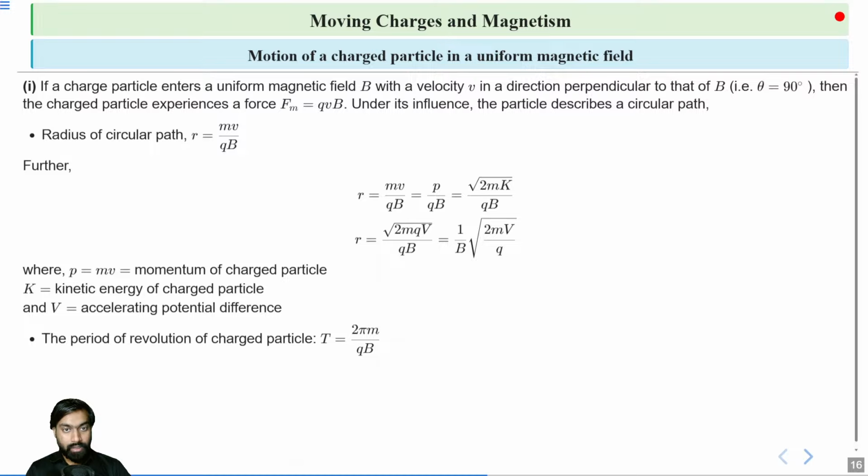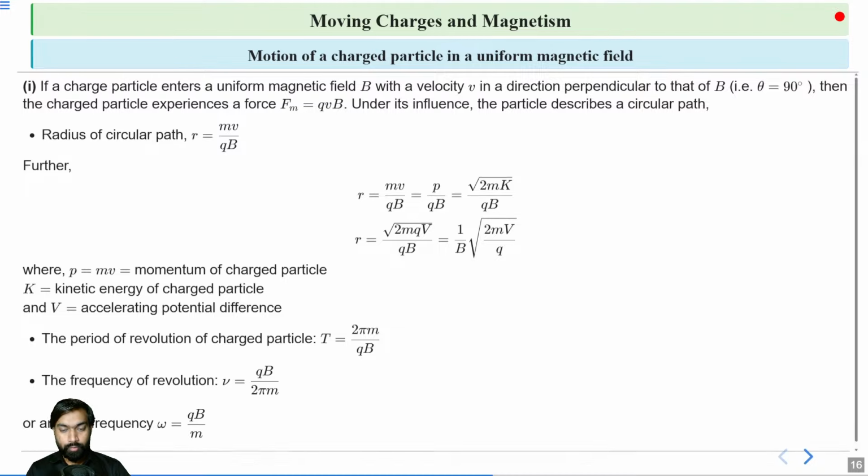Next is the time period of revolution. The time T for one complete circular revolution of the charged particle is T equal to 2 pi m divided by qB. This means the particle completes a circle in this fixed amount of time. The frequency nu, the number of revolutions per second, is nu equal to qB divided by 2 pi m.